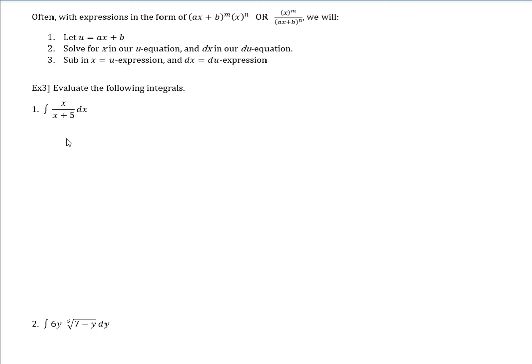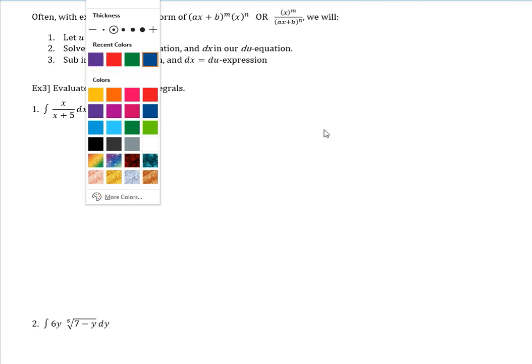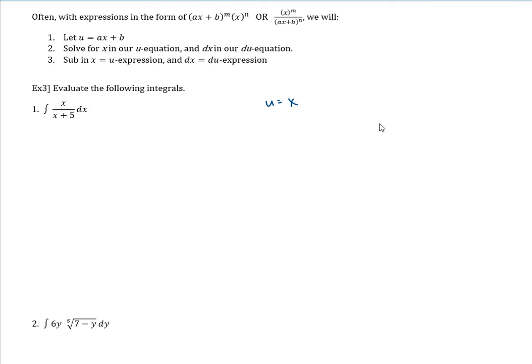So in this example 3 of number 1 here, we have this fraction. What we want to do is usually use our u for the more complicated expression. So let's do it in blue. My u is the x plus 5.